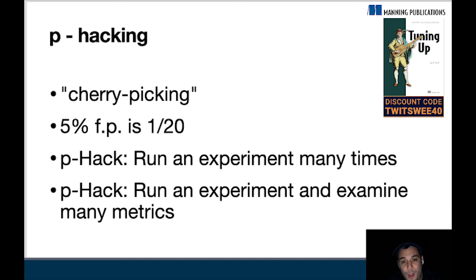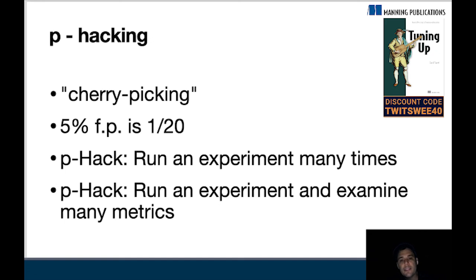In other words, you're eventually going to accept this thing, even though you're not actually making it any better, because you're trying again and again and again. One way to look at it is there's a 1 in 20 chance of accepting this thing by accident. I'll just run my experiment 20 times, and then one of those times I should expect my experiment to get through the gatekeeper of the A/B testing.